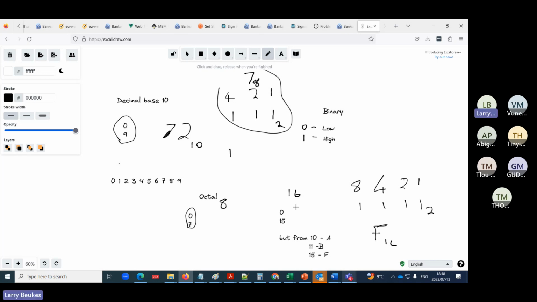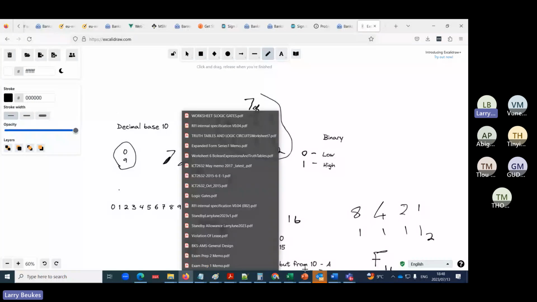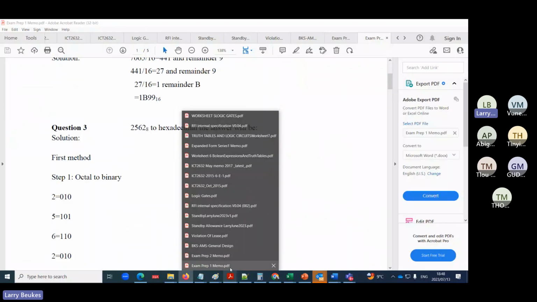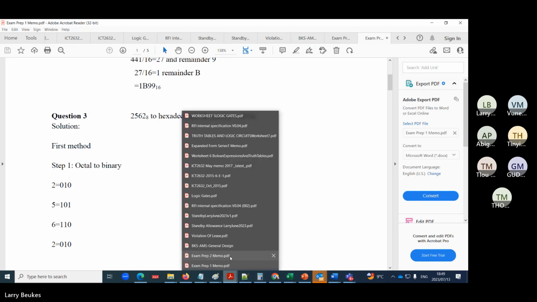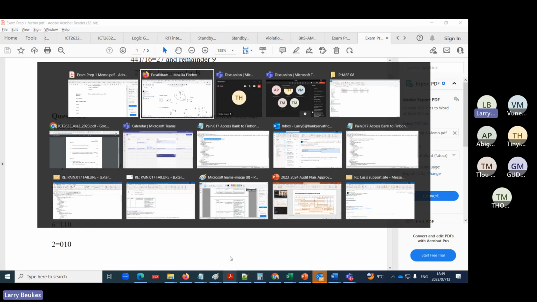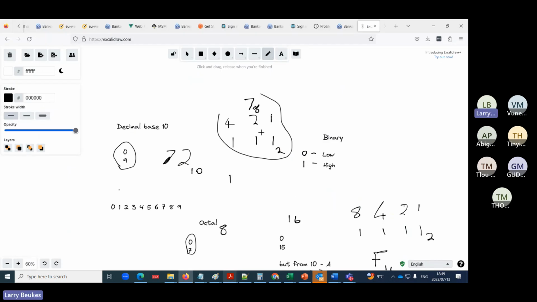Okay, so now let's go back to the question. We had a very nice example here. They are saying, convert this to hexadecimal. So now you're going to take the 2 like we did here. Here we took the 7, so let's take a 2.